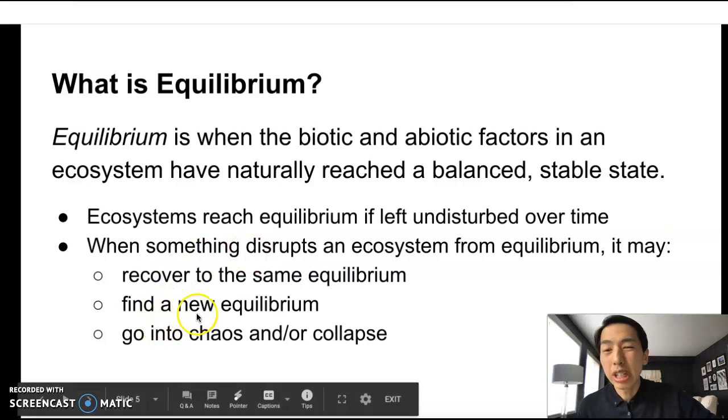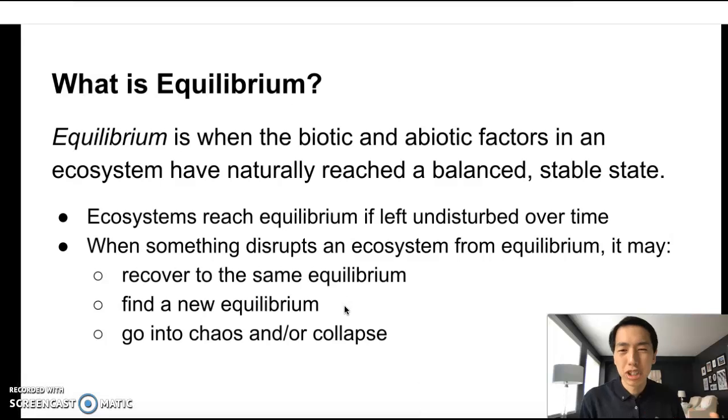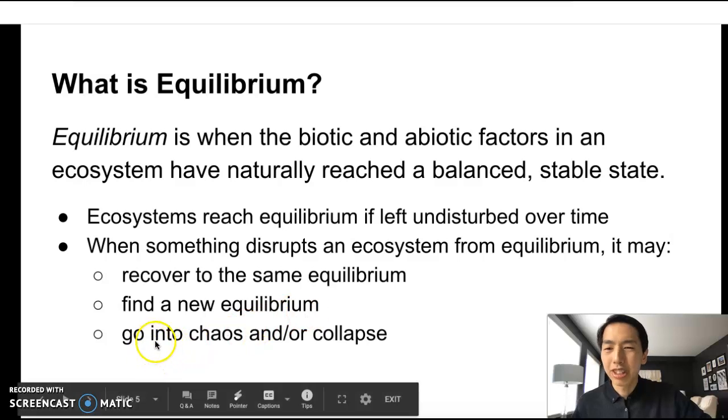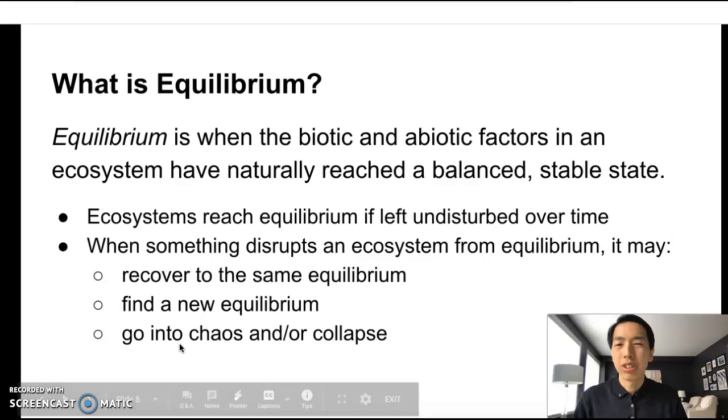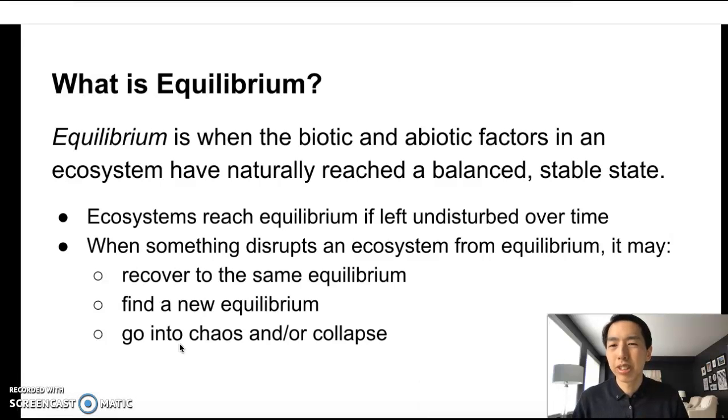It could find a new equilibrium. Maybe this is not a one-time event, maybe this is a permanent change. Well then, the ecosystem is going to have to adjust to that, and it may strike a different balance and find a new equilibrium. Or maybe this disruption is just going to cause chaos and cause the equilibrium to collapse, the ecosystem to collapse. That would be the worst case scenario.